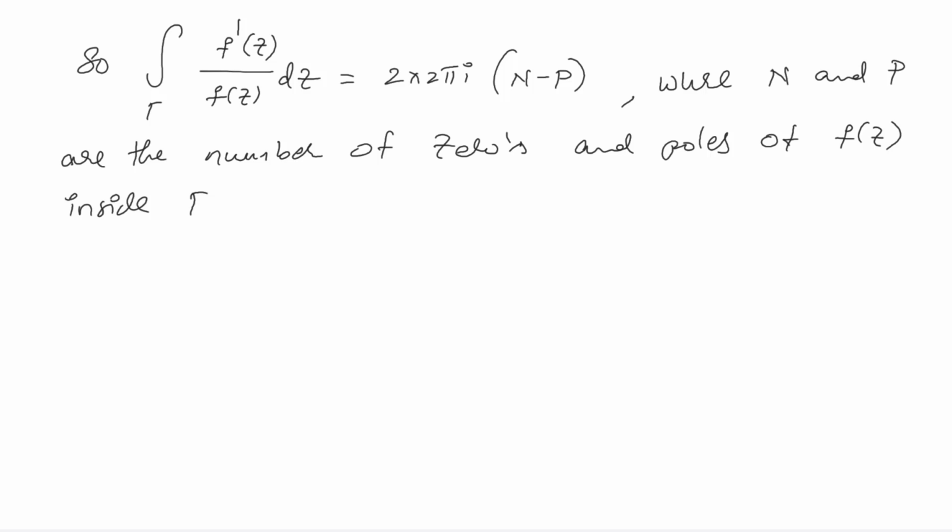Whatever the zeros or poles outside gamma, it does not matter. So we consider only the poles and zeros inside this gamma.